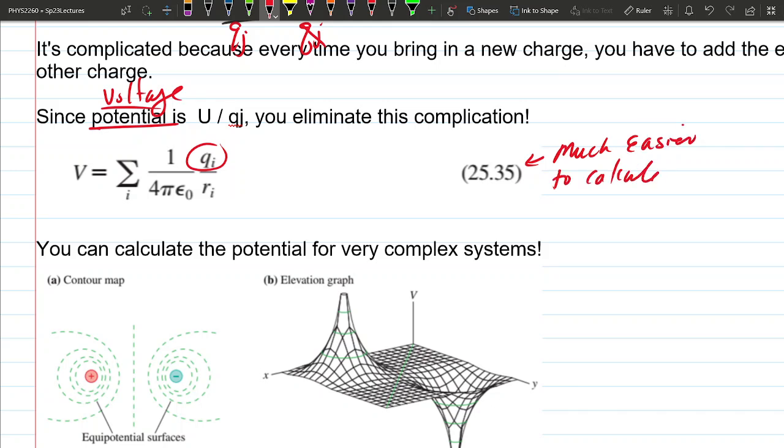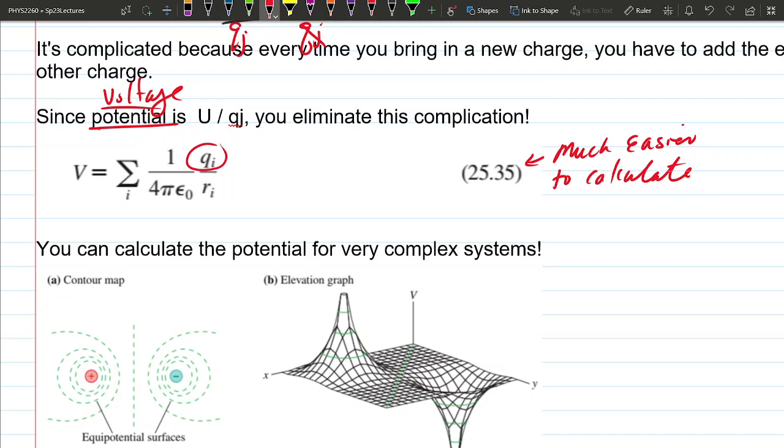If you talk to any of my electrical engineering or computer engineering colleagues, this is why voltage is a much more useful quantity compared to electric potential energy.